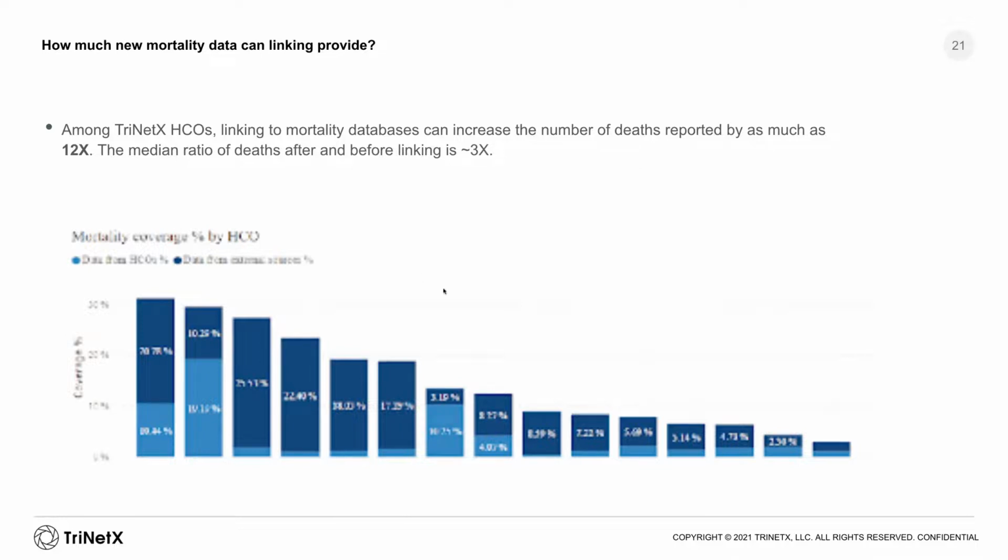So it's highly variant. And as Serena mentioned, and I mentioned previously, this is not static. We continue to build out this mortality data asset to get to a completeness that is the best that we can do.